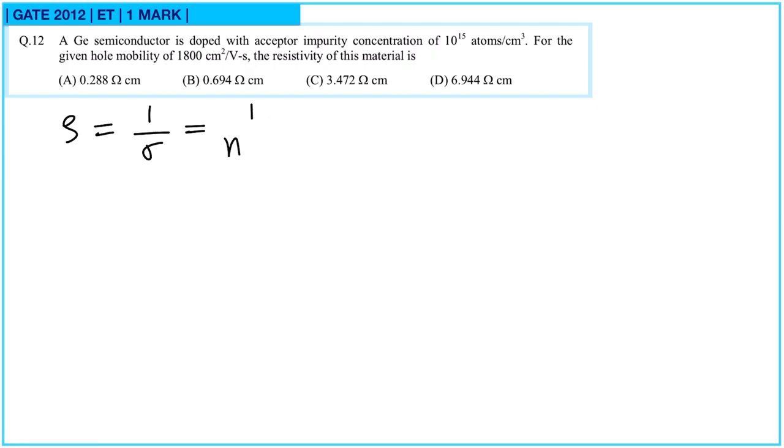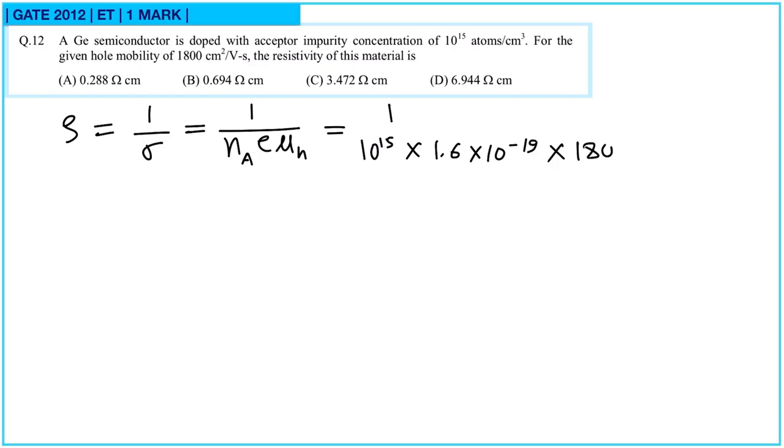So this will be 1 upon acceptor impurity concentration into e into mobility, that is 1 upon 10 raised to 15 atoms per centimeter cube into charge is 1.6 into 10 raised to minus 19 into mobility is 1800 centimeter square.